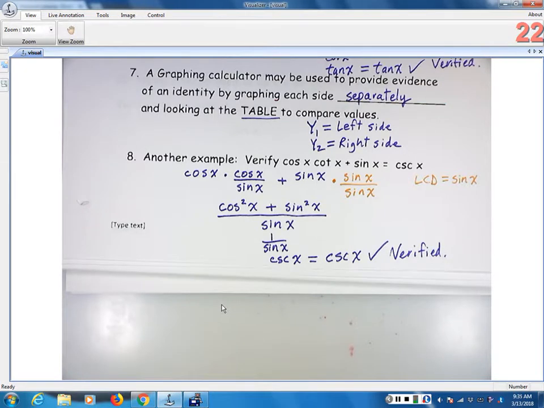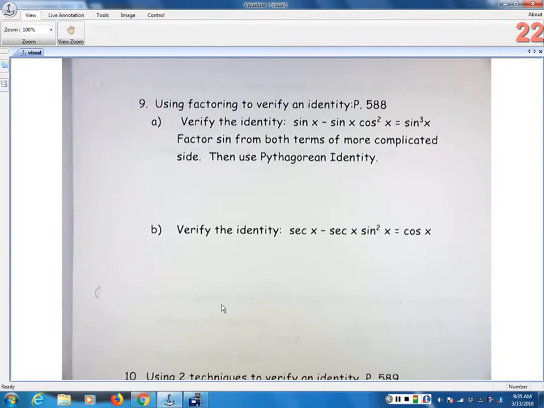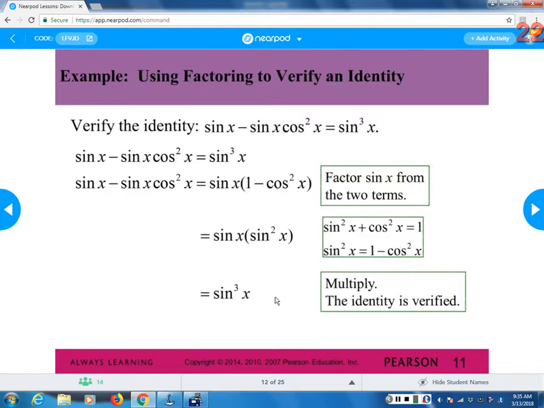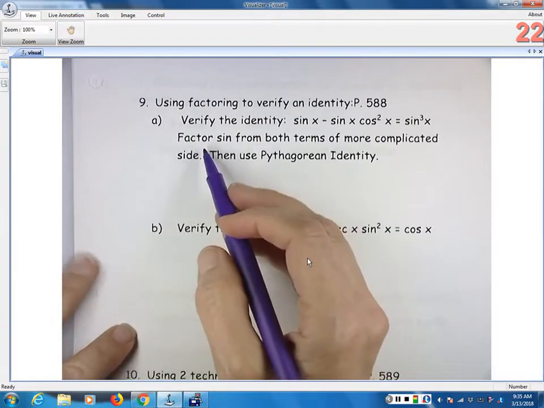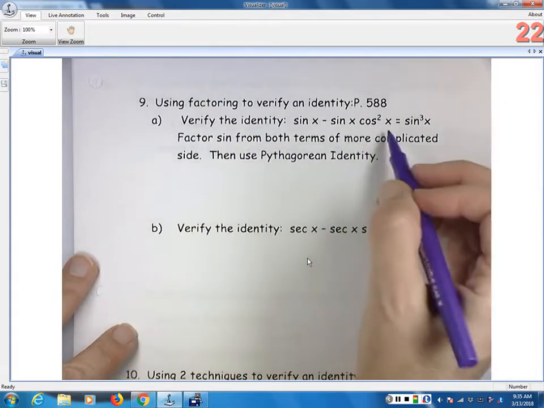Number 9. We're going to use factoring to verify an identity. We're going to factor the sine x from both terms of the more complicated side, the left side.